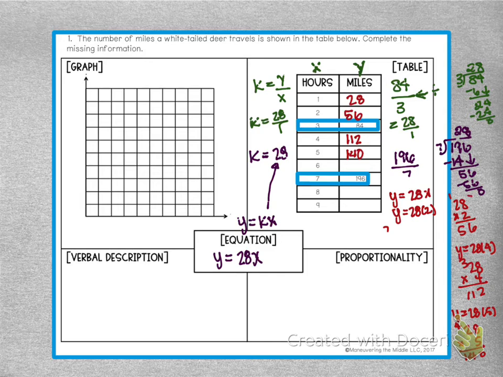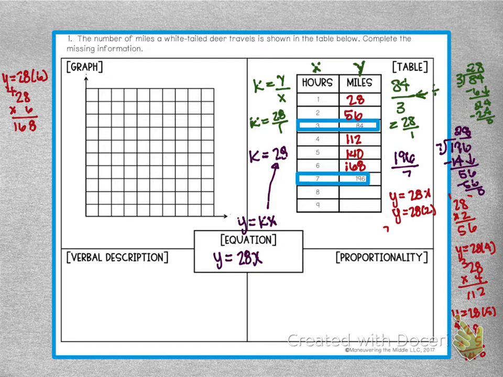And then we have 3 more. Bear with me. So then we have y equals 28 times the value of 6 hours. 28 times 6. 6 times 8 is 48. And then 6 times 2 is 12, plus 4 is 16. So at 6 hours, it travels 168 miles.